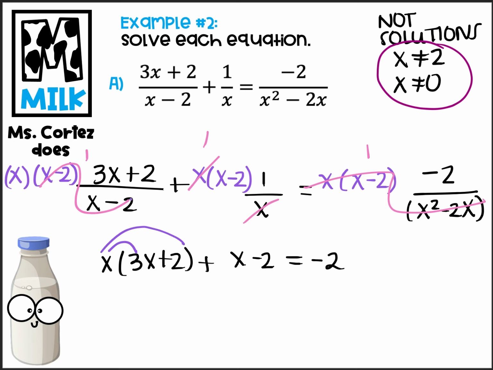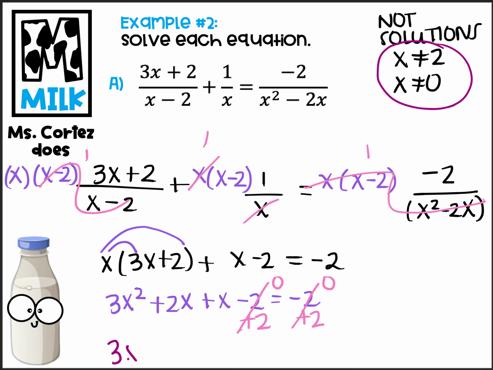I have 3x² + 2x + x - 2 = -2. From here, combining like terms and moving that -2 to the left side so I can have a 0 on the right side, these two cancel. Now, combining like terms, I have 3x² + 3x = 0.